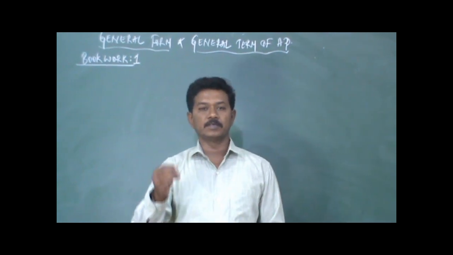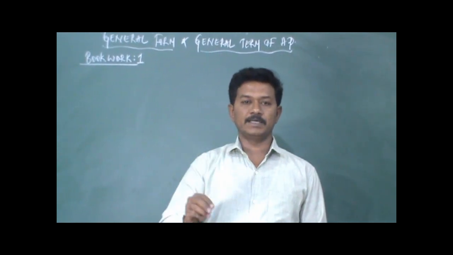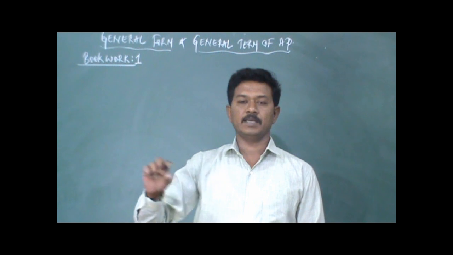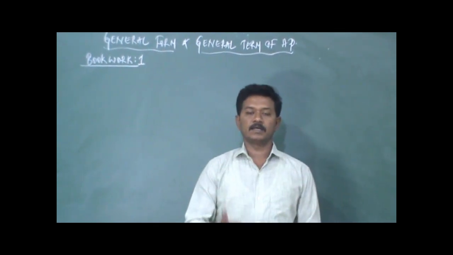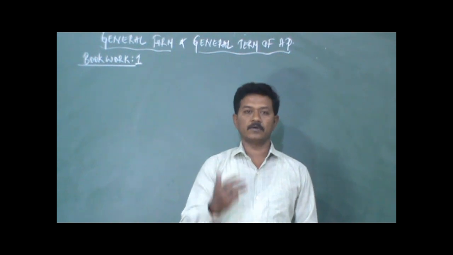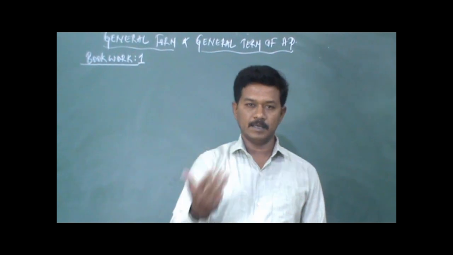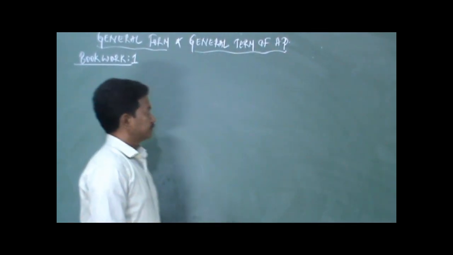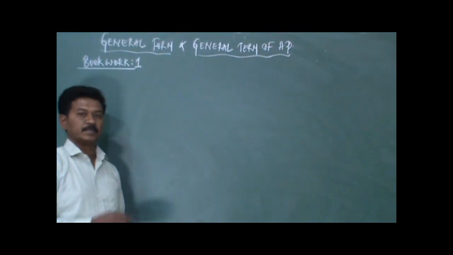So once we are able to derive the general term of an AP, we will be able to write the general form of an AP also. So in this module I am going to present how we get the nth term of an AP and the general form of an AP. So we know that, let us consider this as book work 1, because it's a very small derivation.